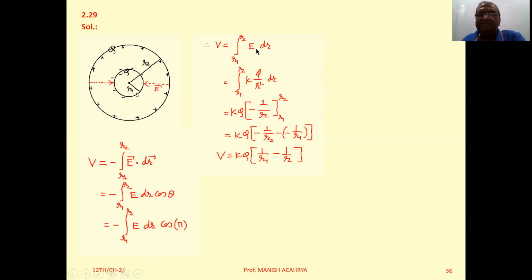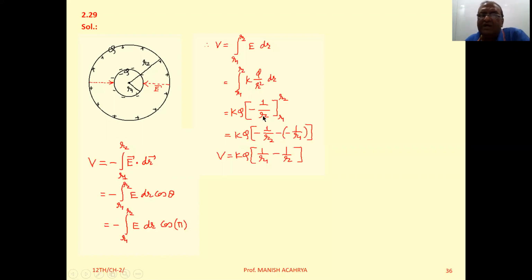Electric field that we can give by kq upon r square. So integration R1 to R2 kq upon r square dr. Kq is constant. So integration of 1 upon r square is minus 1 upon r, limits R1 to R2, Kq.